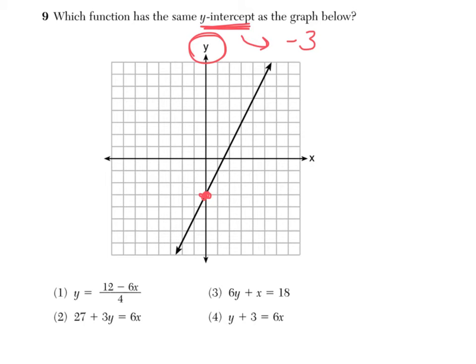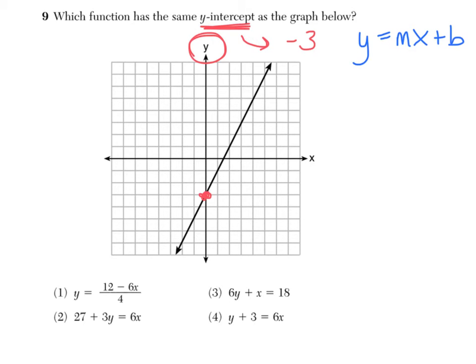Now I just want to remind you, if we are looking at equations of lines, which all 4 of these choices are, that means that we are looking at the standard form for the equation of a line, y equals mx plus b. So just a little review here. In order to read the slope and the y-intercept of a line, your line does have to be in y equals form.